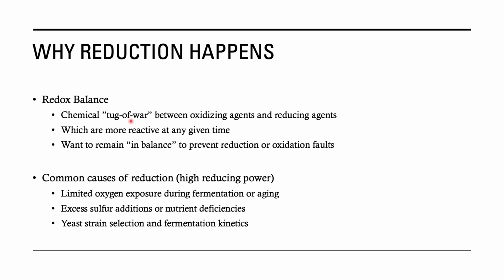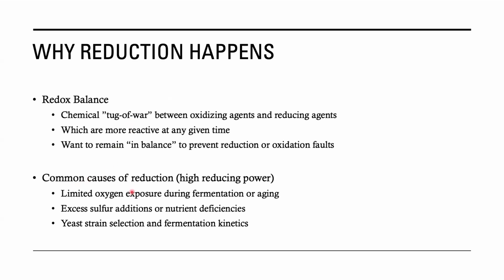It's challenging because there are things that happen that naturally drop the redox potential or raise it. There are also things that we do in wine that shift it one way or the other. So we need to know what those are so that we can monitor and make sure that things are okay.